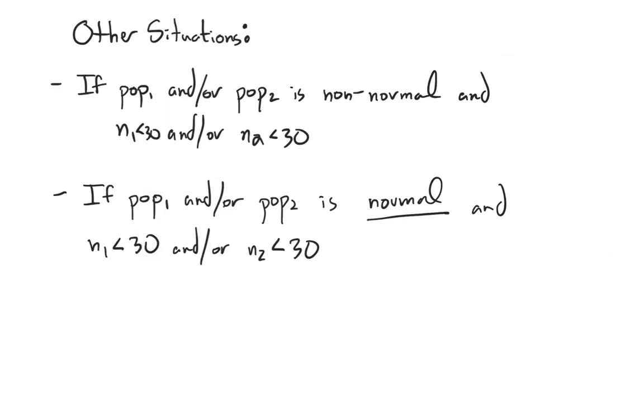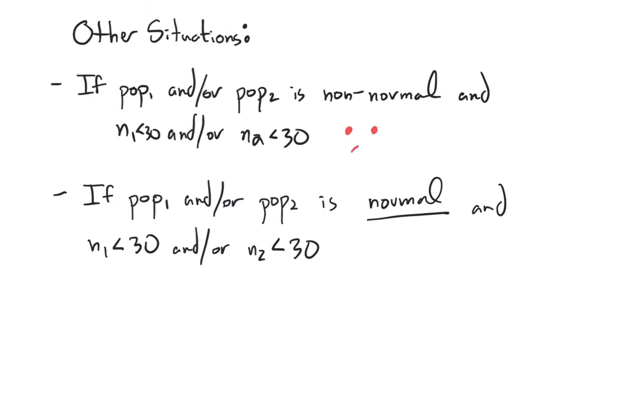So there's two other situations I want to talk about, and very similar to situations in the one sample case. Well, if at least one of our populations is non-normal, and at least one of our sample sizes is small, then there's not too much we can do, in fact. In that case, we just kind of have to give up.